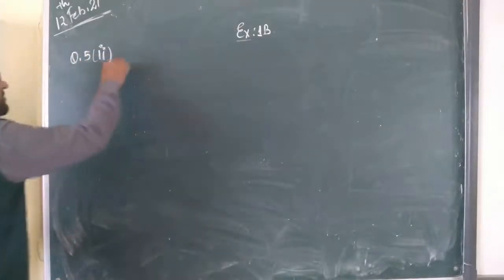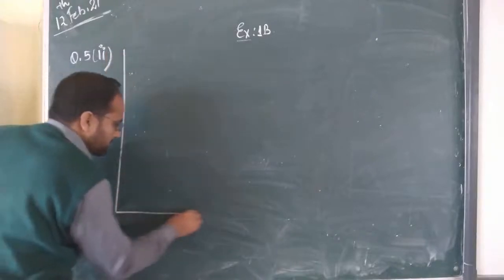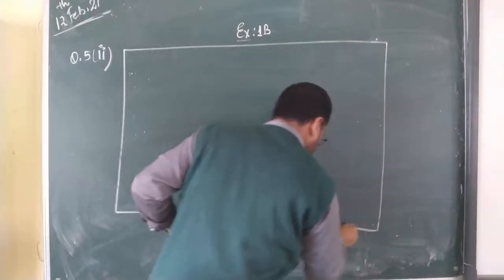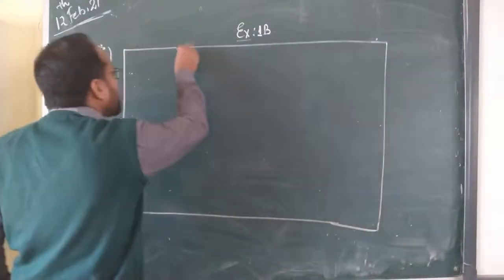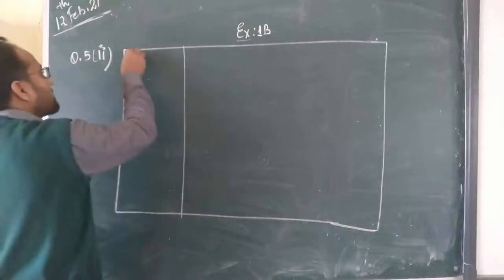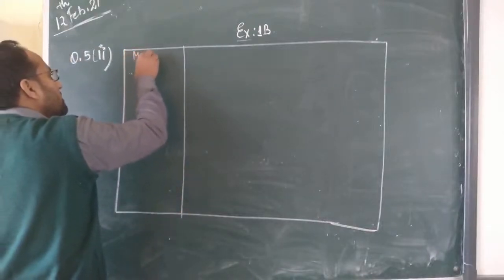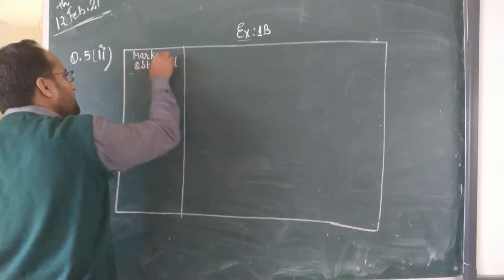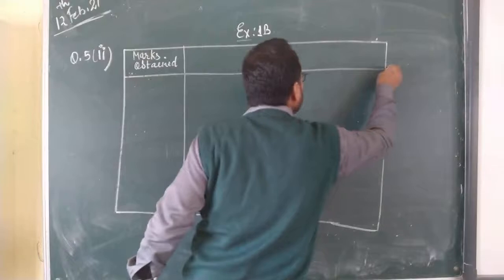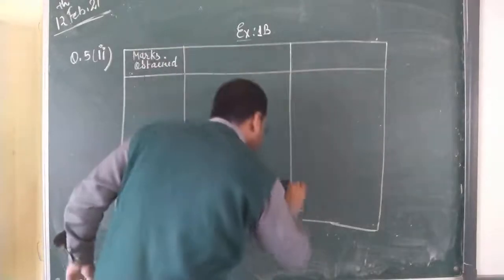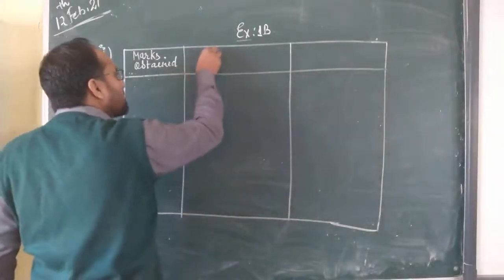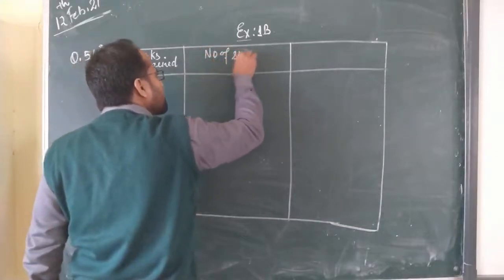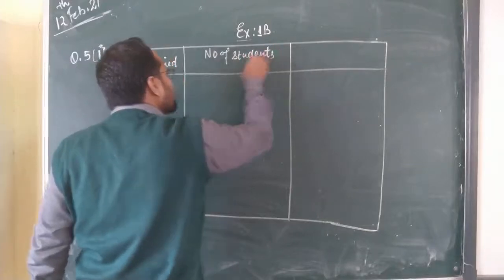So make the table. In this one, marks obtained. Marks is your observation. And this one is your number of students, which is your frequency.